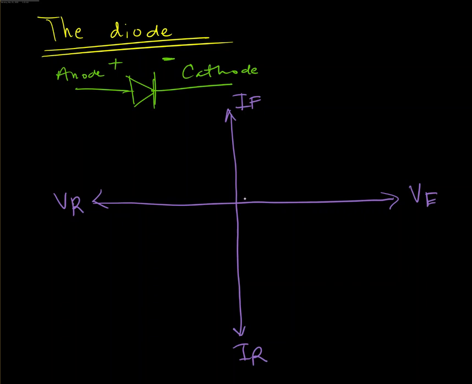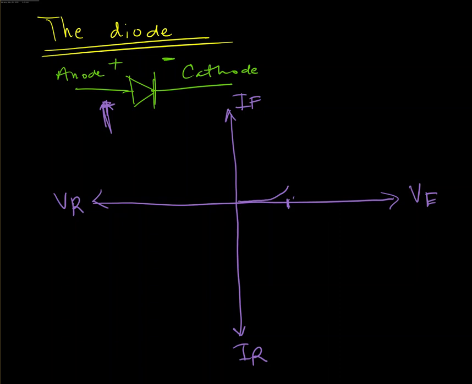So the way the diode works is, if it's forward biased, so you've got the more positive voltage here at the anode, you're not going to get a very high current until it gets above some knee point, which we could call V, the barrier potential.